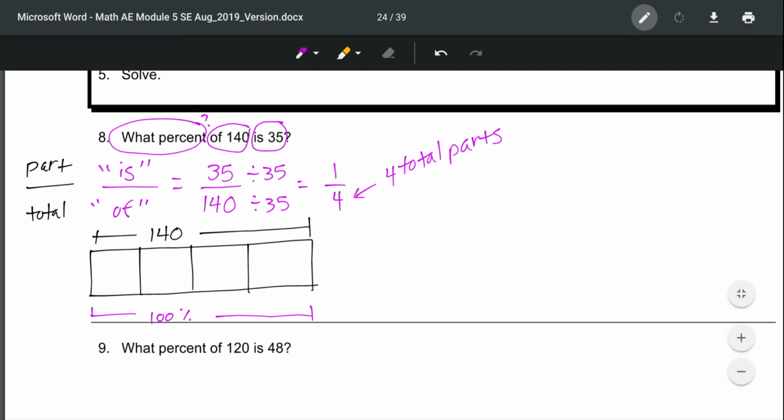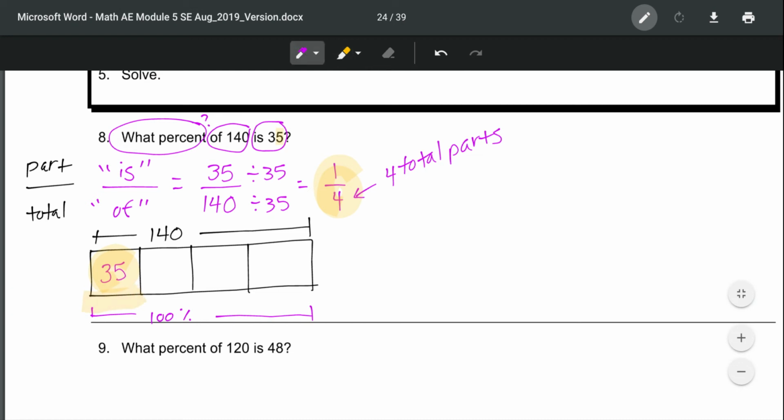So 35 is a fourth of our bar model. So that means we want to label a fourth of our bar model as 35. Okay. So we want to know what percentage 35 would be. So what percentage is that?